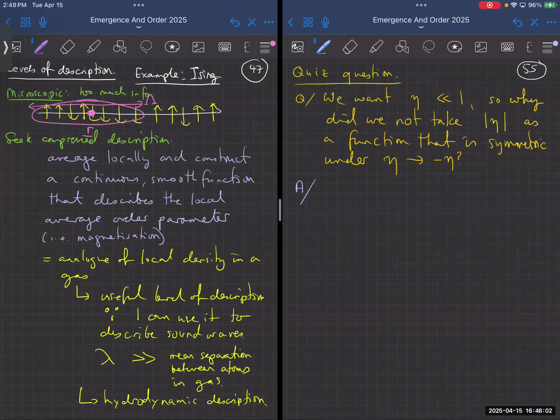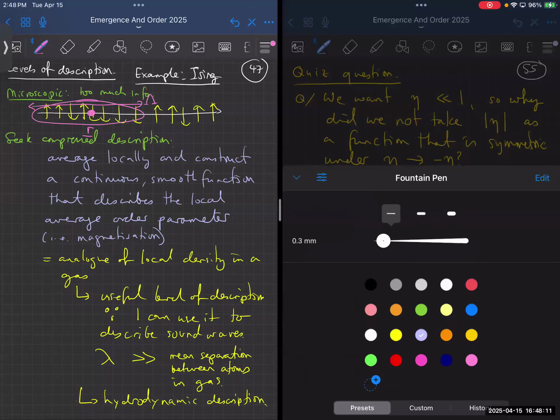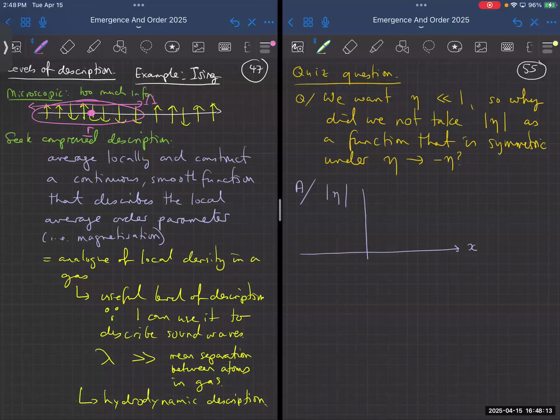Okay, so the first thing is if I plot the absolute value of eta as a function of eta, what does it look like? It looks something like that, right? That's absolutely true.